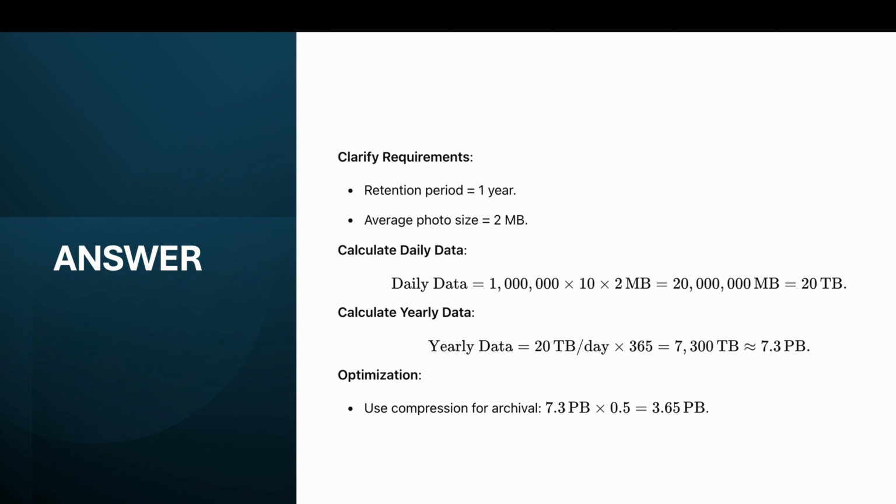Once I give you 5 or 6 examples and calculations of these numbers, you will be much more confident coming up with data estimations for any problem statement, whether videos, images, photos, or logs. So we need 7.3 petabytes uncompressed or 3.65 compressed for storing a year's worth of photos. That is the final answer. Thank you very much. I'll see you in another video.